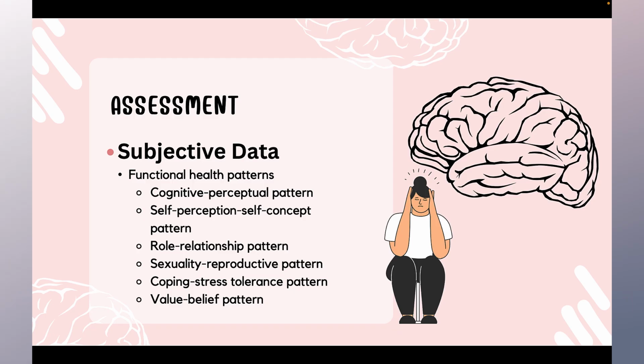The cognitive perceptual pattern, you would want to take into consideration the patient's culture, age, and education level when you're assessing the patient, because how they perceive what's going on with them and how they handle it could be different based on their age, their culture, those types of things. So some people may consider themselves to be very independent. They don't want to ask for help, so they're not going to express that they're having issues, while somebody else may be completely different.